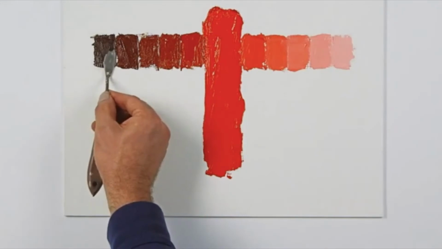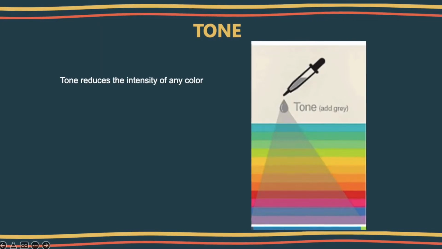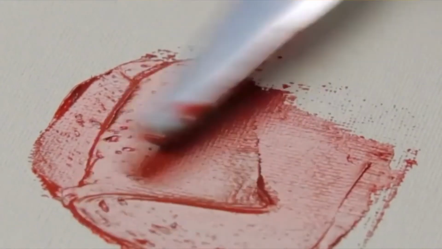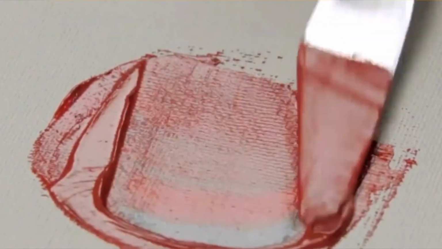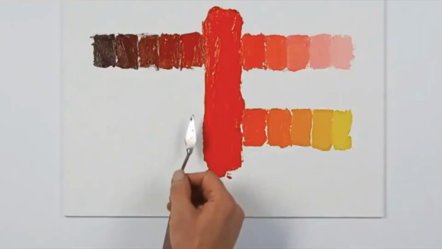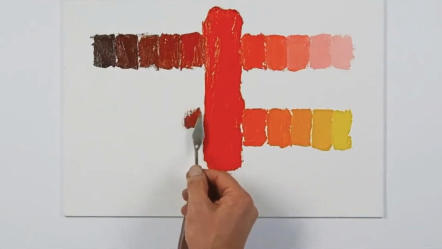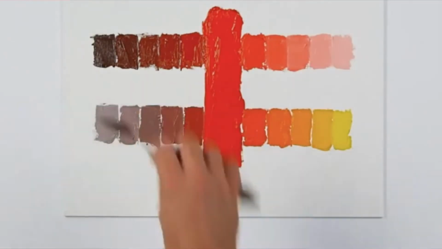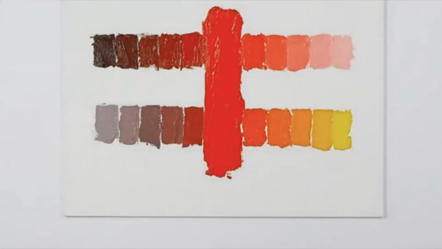When we say tone, tone is actually the result of a color that has both white and black added to it. So in other words, tone refers to any hue that has been modified with the addition of gray, as long as the gray is purely neutral.